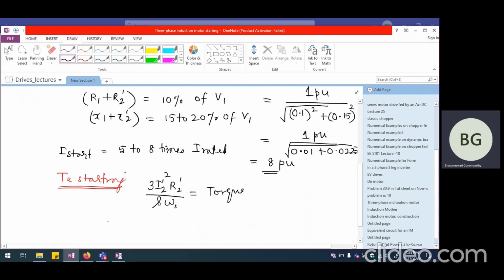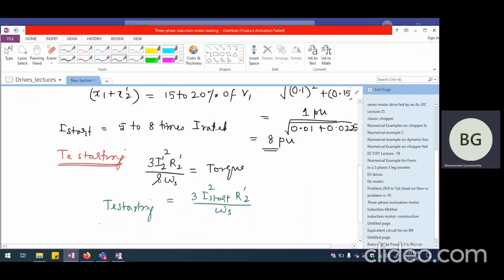So if I look at the starting torque, this will be 3 I2 starting the whole square multiplied by R2 dash divided by S, where S is 1 during starting, divided by omega S. This is going to be TE starting.